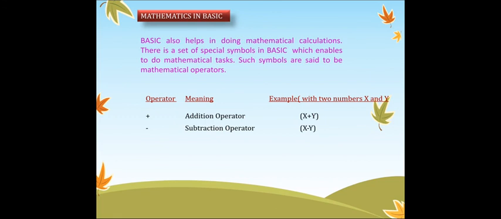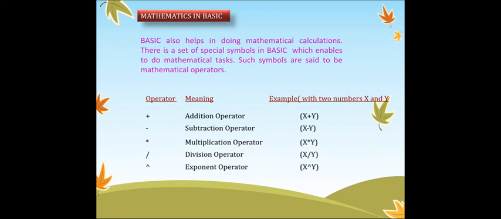You have to put the minus sign between two variables, that is x minus y. Third, the multiplication operator, x into y. Fourth, the division operator, that is x divided by y. Exponent operator, that is x exponent y.